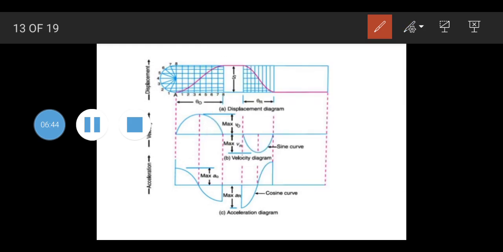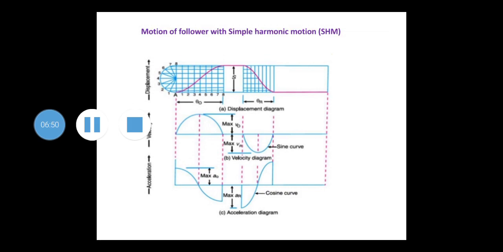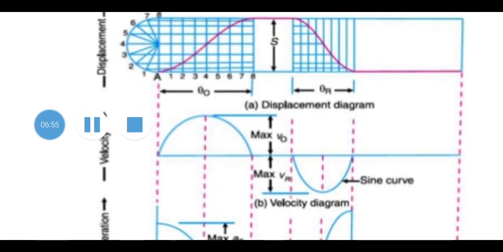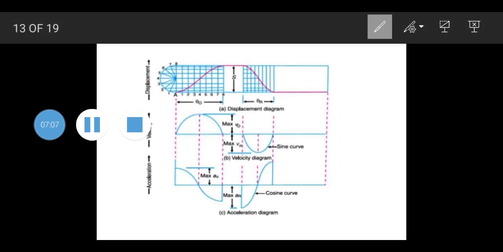Here is how this curve is generated: once we make a division, whatever intersect points of the vertical line and horizontal line come, those intersect points we will be taking down. And once again, when we get all the intersect points in the rise as well as in the return strokes, this is the rise stroke and this is the return stroke, we will be joining all these points.